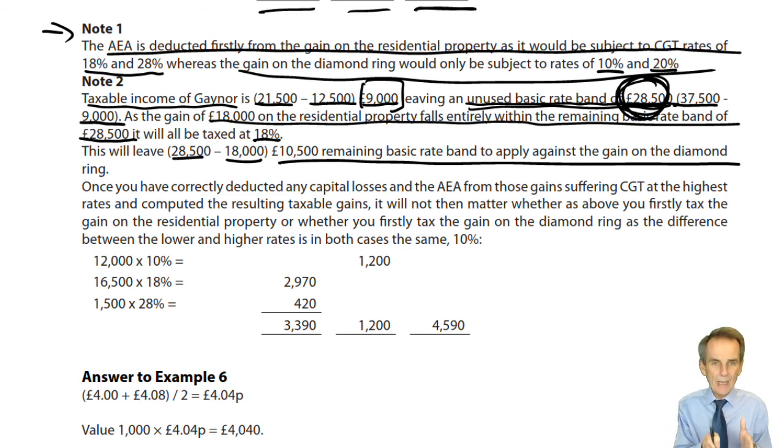The difference between the basic and the higher rate in each of the categories of residential property and other assets is exactly the same. You either go from 10 to 20, a difference of 10%, or you go from 18 to 28, same difference, 10%. So actually it wouldn't matter.